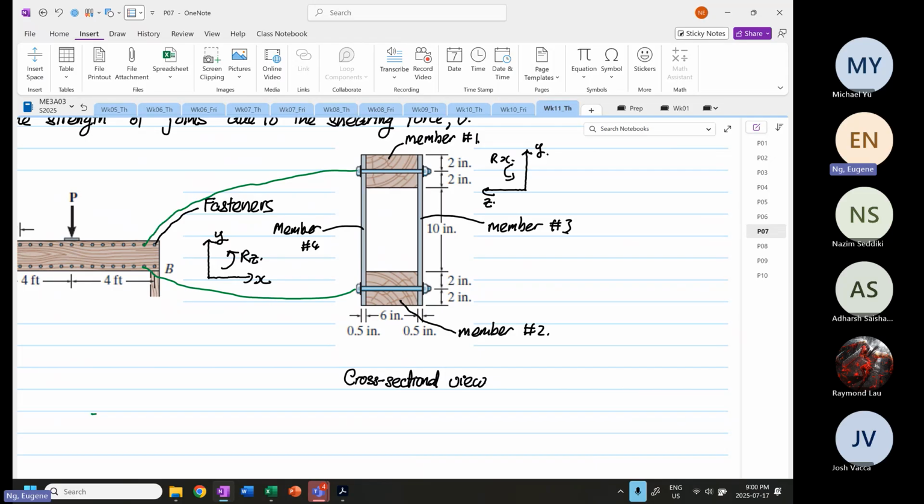And all these are held by fastener number 1, and then these are held by fastener number 2.